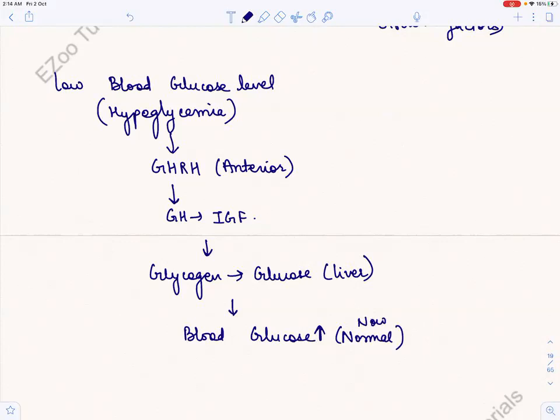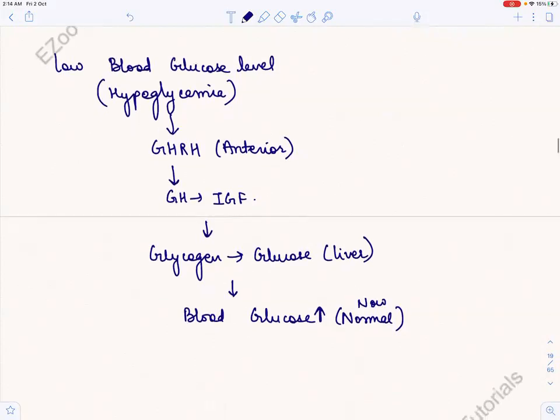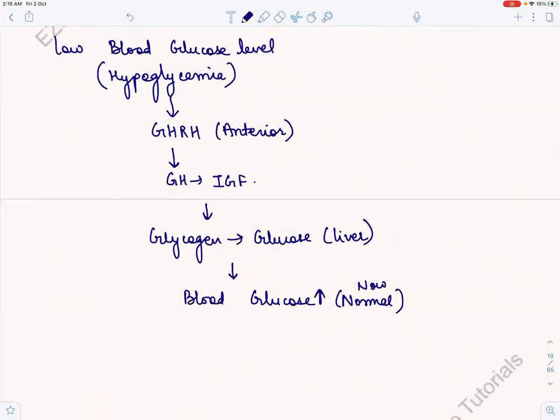If the blood glucose continues to increase, hyperglycemia will occur, and this hyperglycemia will inhibit the release of, see, there is a negative feedback mechanism. What happens?